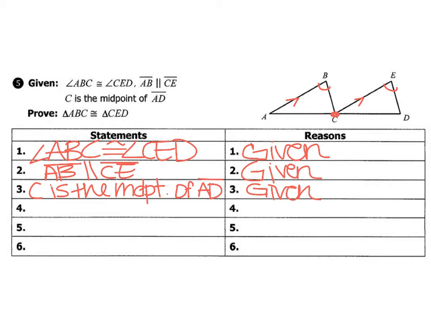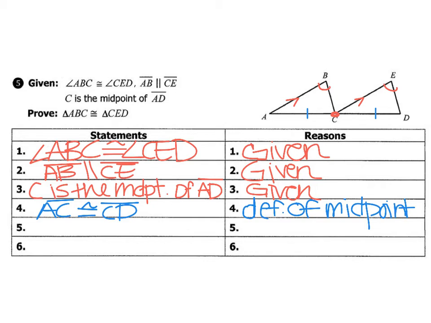If we know that C is the midpoint of AD, then we can say that AC is congruent to CD by definition of a midpoint.